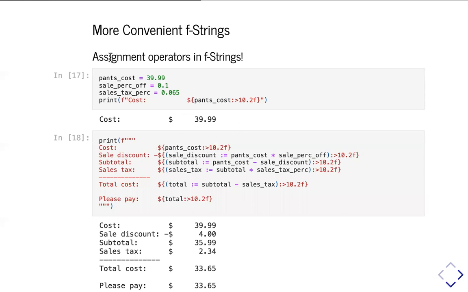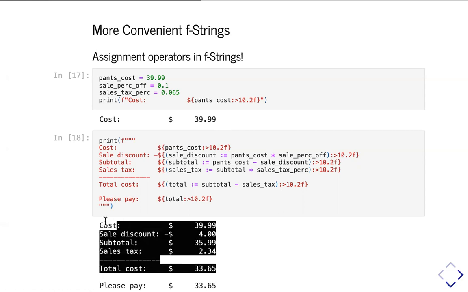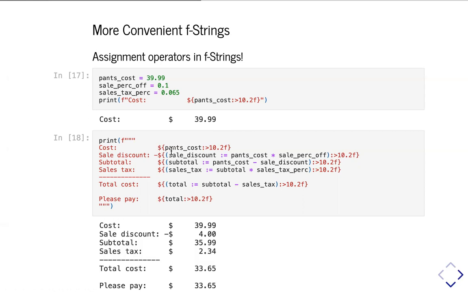Now that I've talked about that, I have a more complex example, where I'm using assignment expressions. We start with our pants, the sales percent off, and the normal sales tax. To do all of this math and make this nice invoice, all I have to do is make one evaluation in an F string, which might be some math, but I can assign it to another variable right then and there.